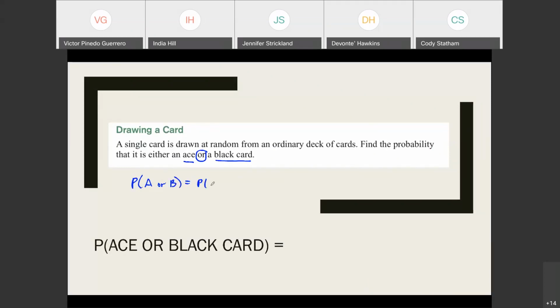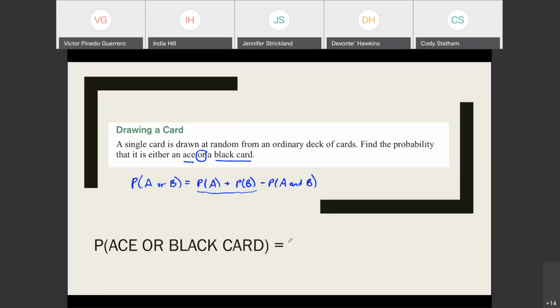Okay, so I'm going to write down this formula here so we can see it. And then I'm going to translate the A's and the B's to the words in the problem, the ace and the black card. So the beginning of the formula works the same as the other one.